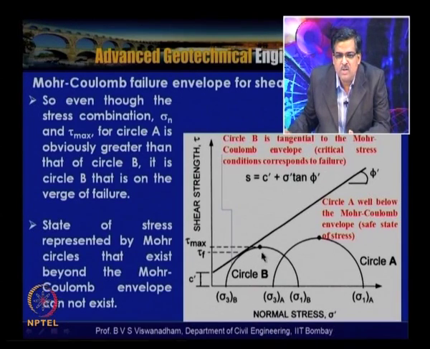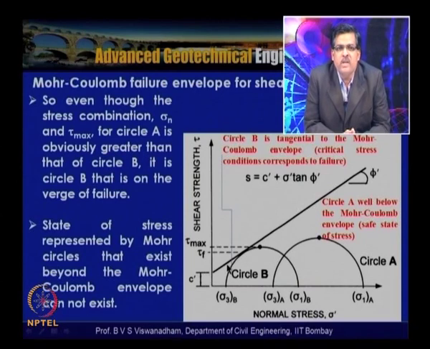This is tau max, and this is tau f, the shear stress at failure. Even though the stress combination sigma n and tau max of circle A are obviously greater than circle B, it is circle B that is on the verge of failure.